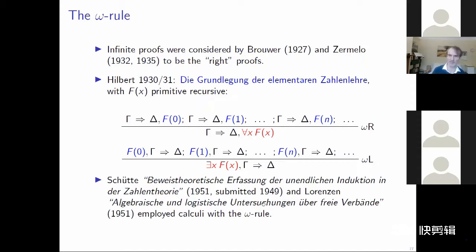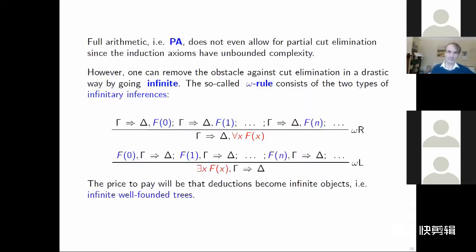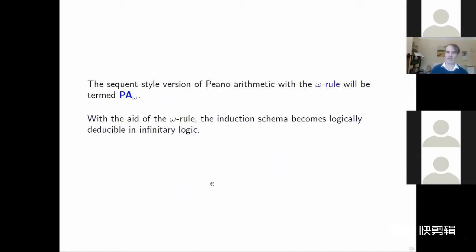So that happened around 1950. Okay, so that's utilizing the omega rule in proof theory. And it turns out then that if you use this rule, you get an infinite version of PA, which I call here PA sub omega.